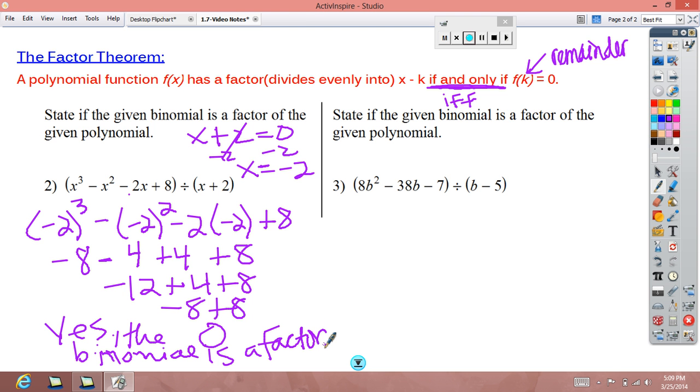Okay. Just to show it one more time, I have my example over here. B minus 5, so B minus 5 equals 0. B equals 5.